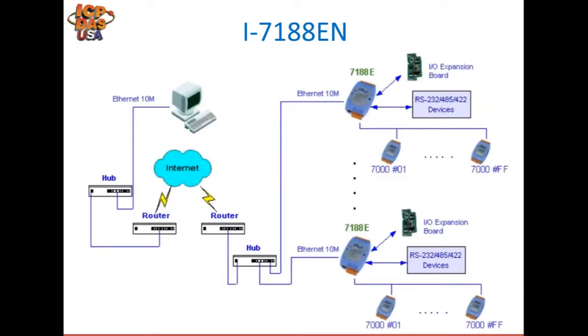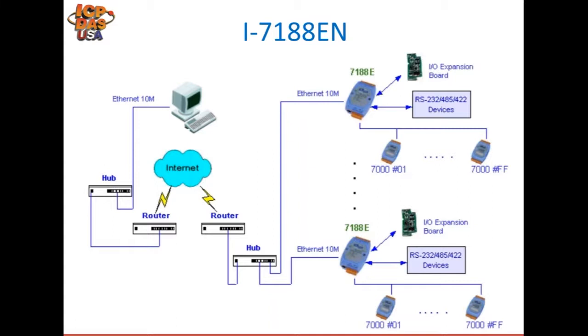Here's a sample application that is in the manual. The PC in the top left corner connects by Ethernet to a hub and then goes through a router, then to the internet through another router to a hub, and finally winds up at a 7188E, which has an expansion board and has devices connected to the COM ports.